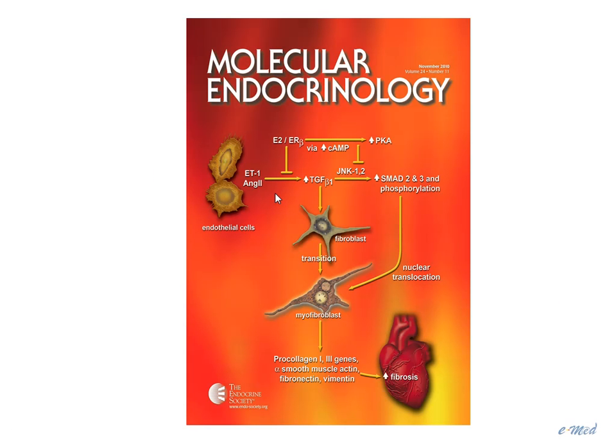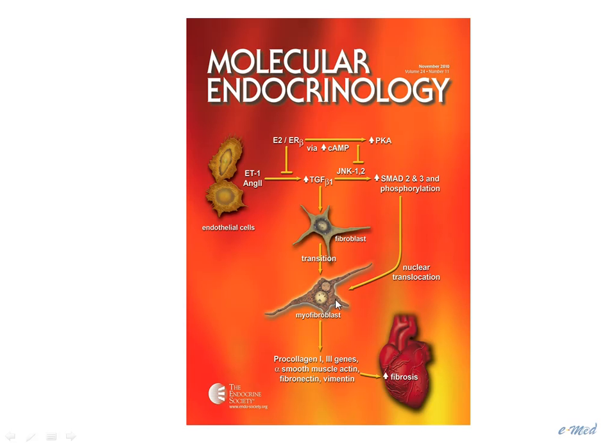And how does that work? The key fibrotic factors, endothelin and angiotensin 2, induce a TGF-beta dependent activation of JNK, phosphorylation of the transcription factors that move into the nucleus of the myofibroblast.